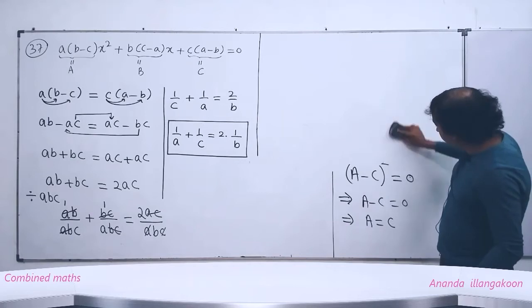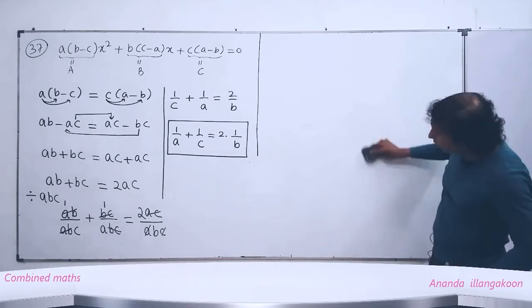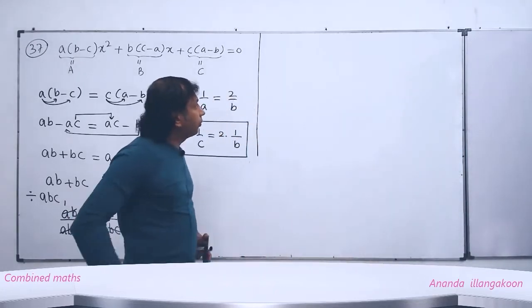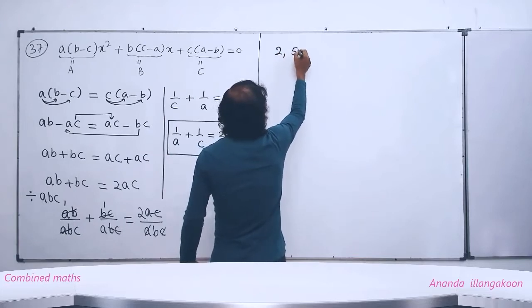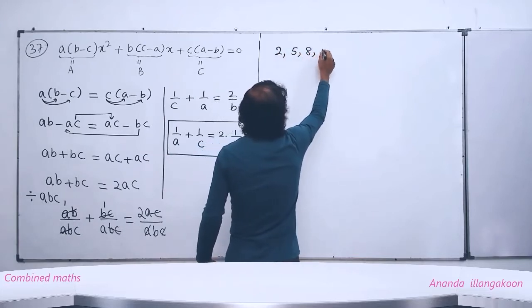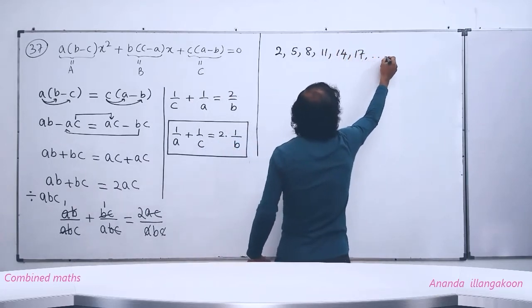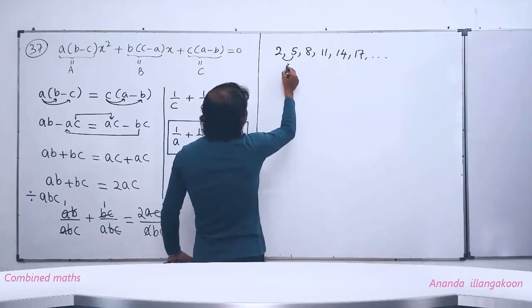Arithmetic progression means, people, if I consider an example, see this example, I write like this: 2, 5, 8, 11, 14, 17. See here, the gap between these two is 3.